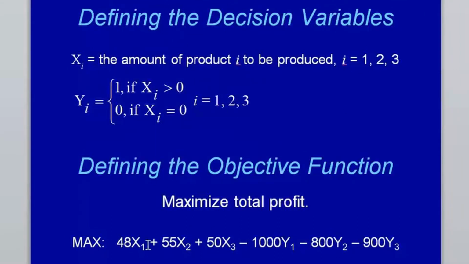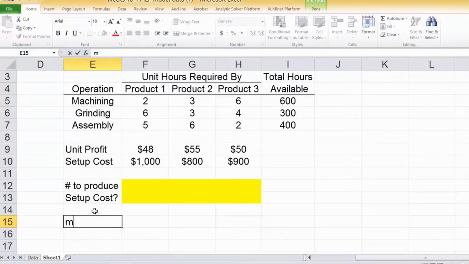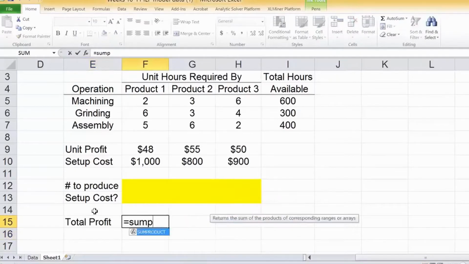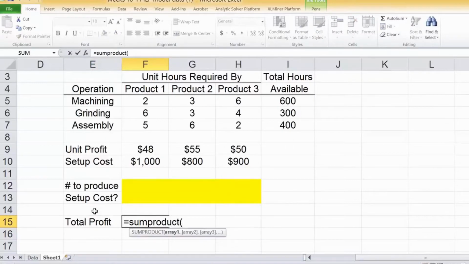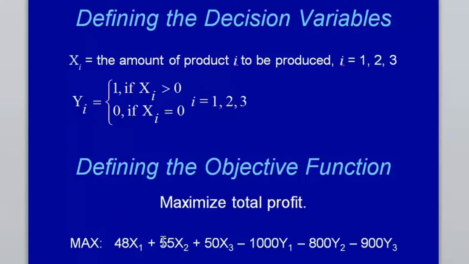Okay, next we'll look at the objective function. We're going to maximize the profits, subtract the setup cost. Both parts represent some product of the units, the coefficients, and your decision variables. So here we'll say we want to maximize the total profit. The total profit is calculated by using sum product of the unit profits with the xi's representing the first section.